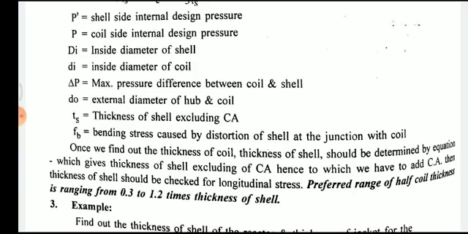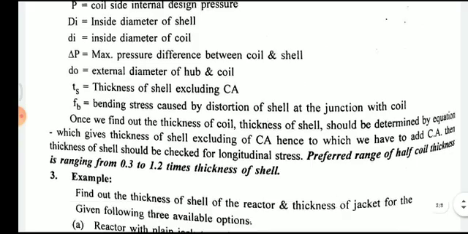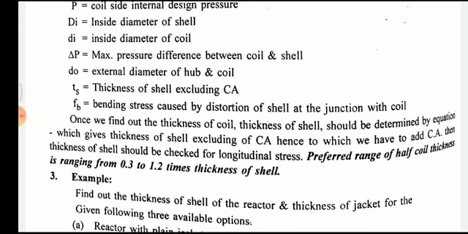Basically, the shell and tube heat exchangers and various types of shell and tube heat exchangers you already learned in the previous semester in the PD 1 subject, process equipment design 1. In this process equipment design 2 subject, the design parts are available.